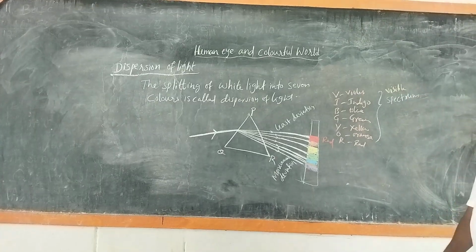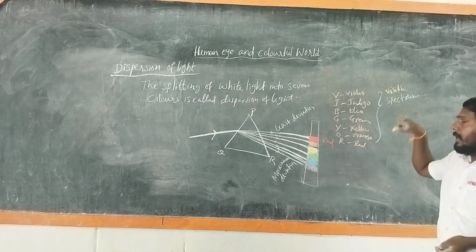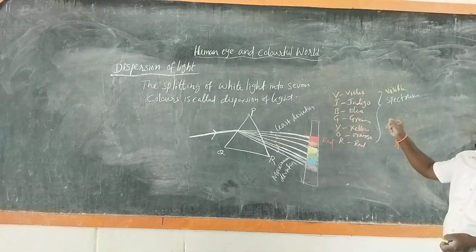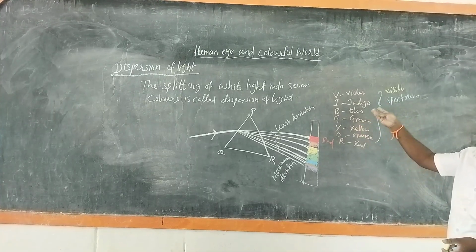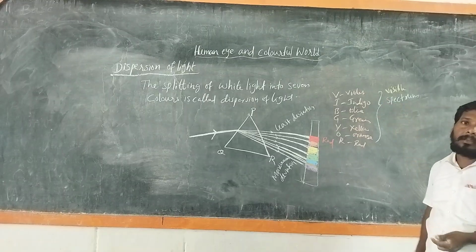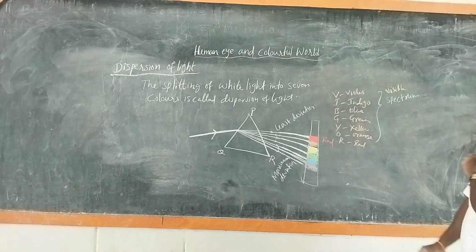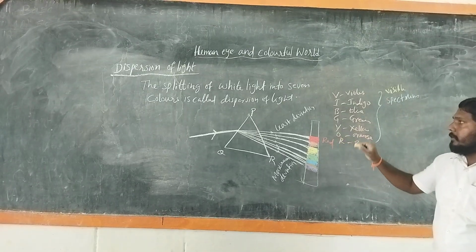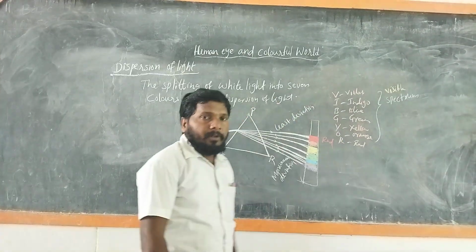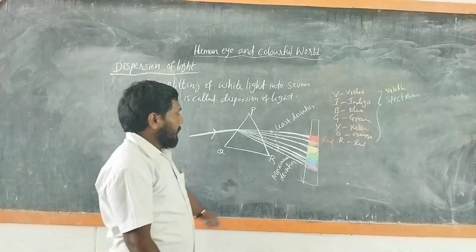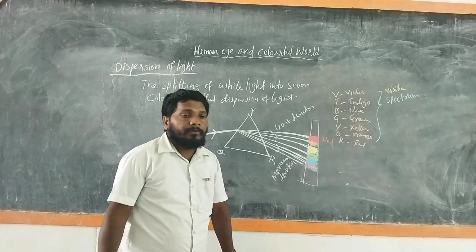A spectrum is a band of colors arranged as per their frequency or wavelength. Red color deviates very little, whereas violet deviates more.